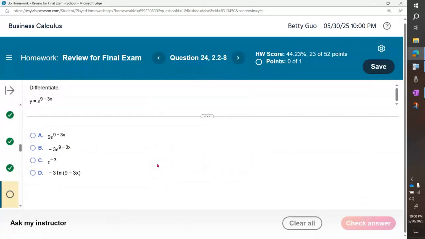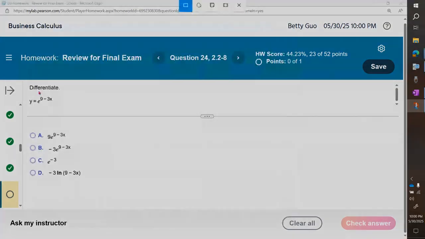Question number 24. Differentiate the exponential function. Let's do that. We can use the chain rule.